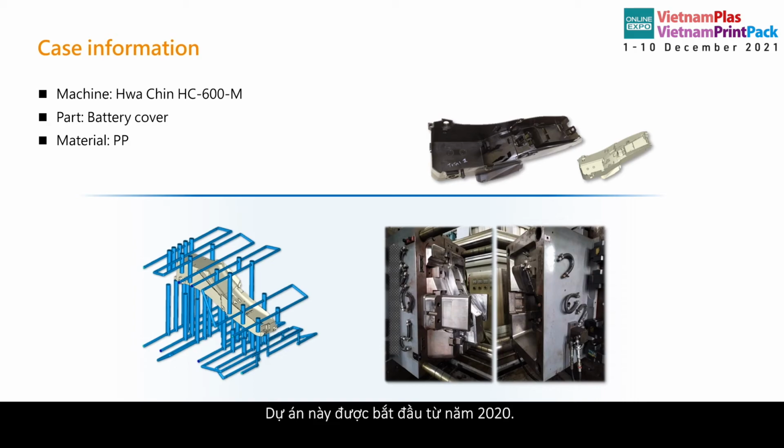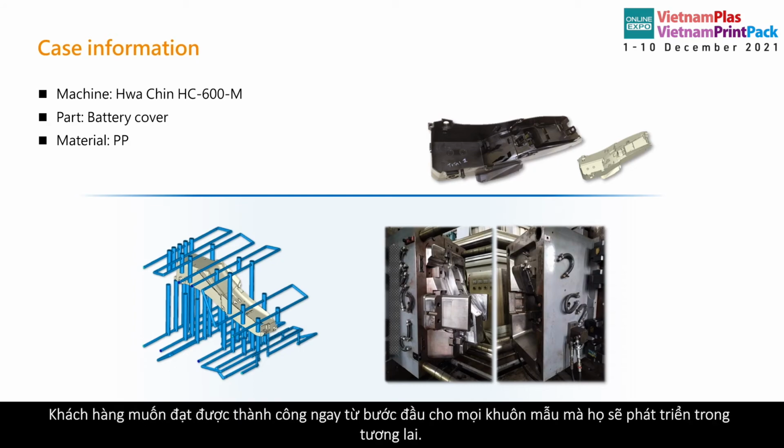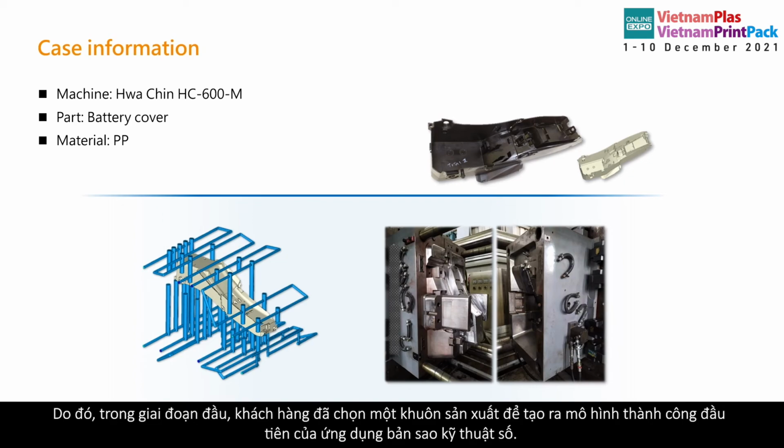The long-term target of the project is the same as the project we have initiated with CM Technology. Customers would like to reach first-shot success for every mode they developed in the future. But everything in the world starts small and then becomes bigger. Therefore, in the beginning stage, customers selected a production mode for creating first success pattern of the digital twin application.